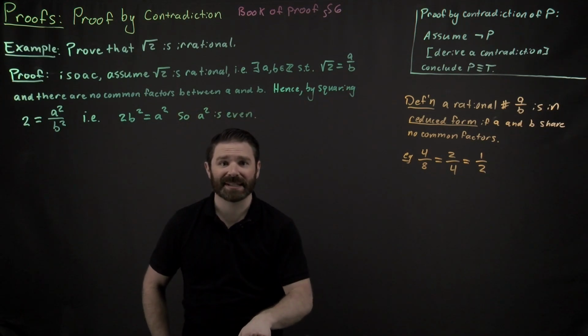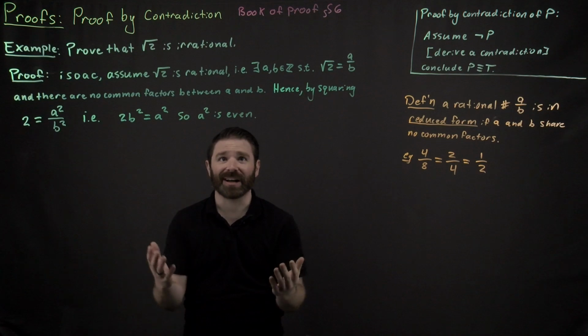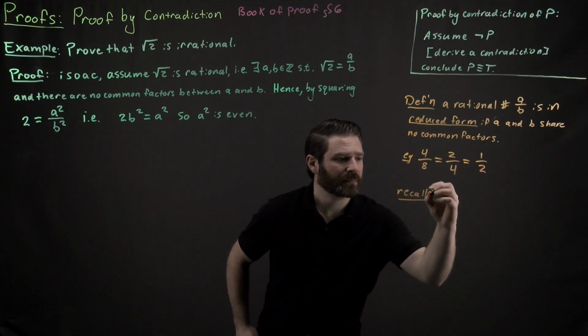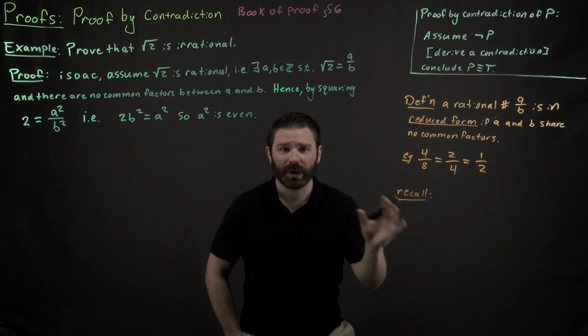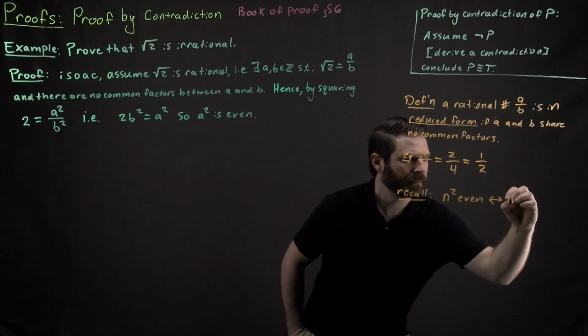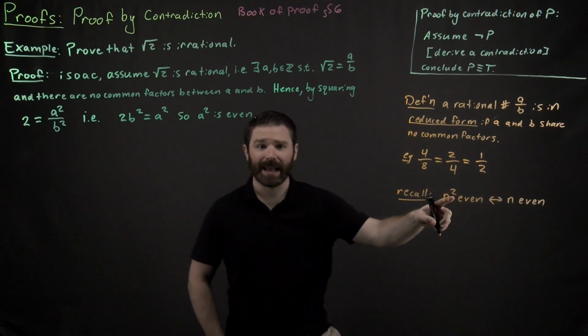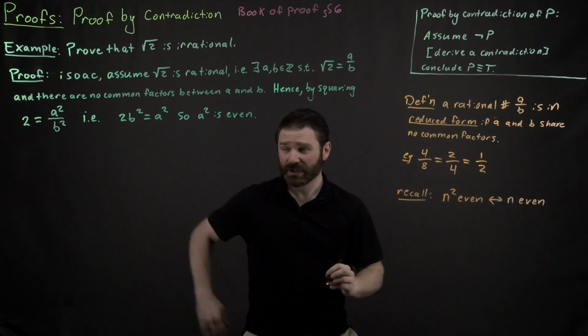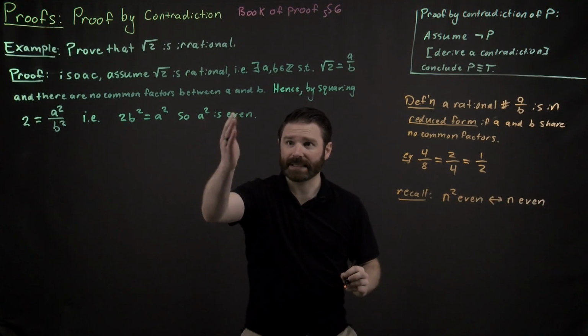And in a lot of the previous examples that we have seen, we know a lot about even numbers. So recall that just a few videos ago, we proved n squared is even if and only if n is even. So here's a particular number, its square is even.